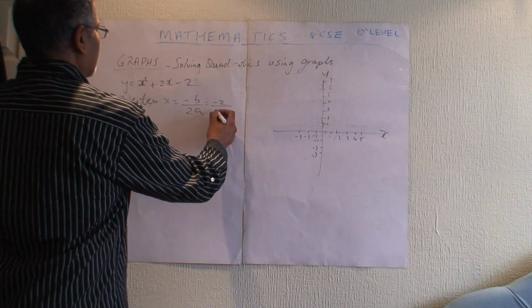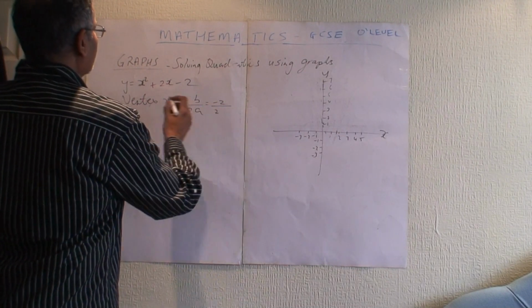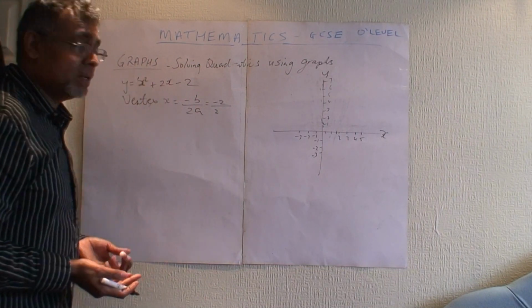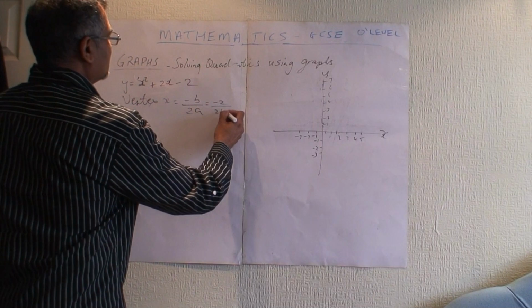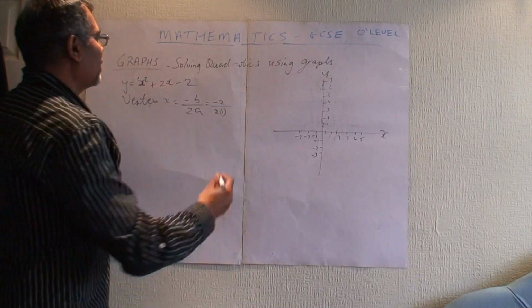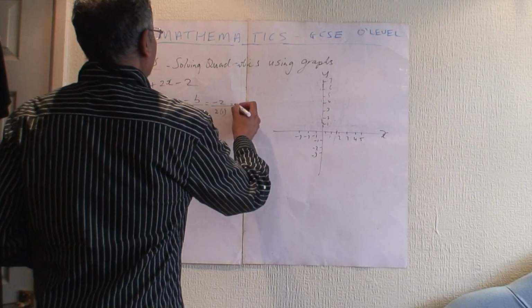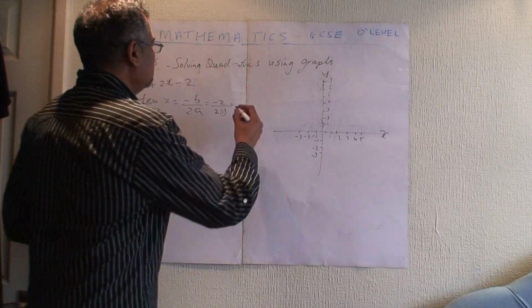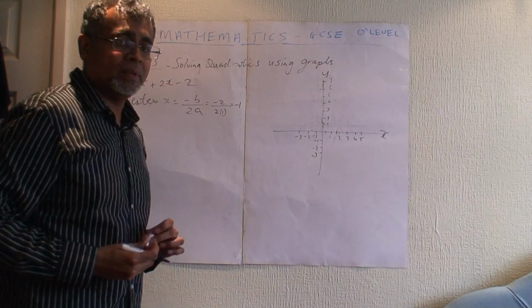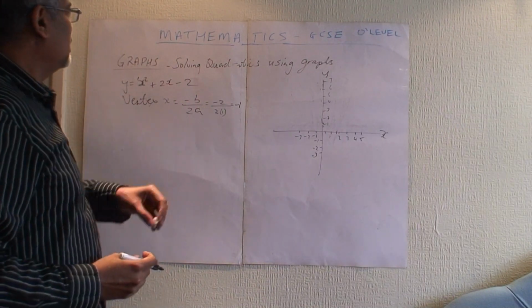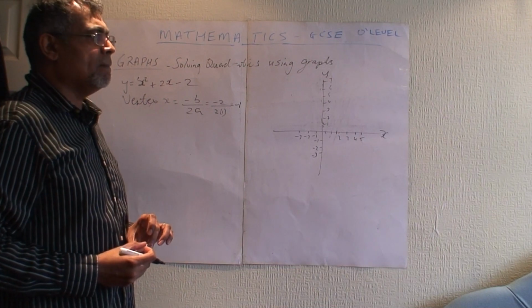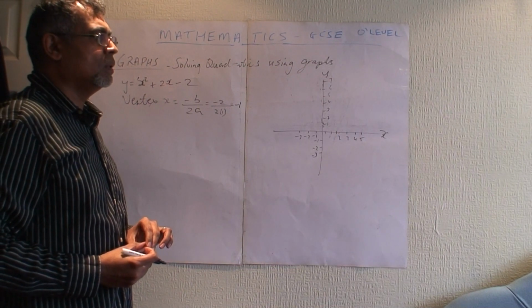And divided by the 2, and this x squared, it's known to have a 1, so 1 value. So that's like 2 multiplied by 1. Okay, so that's minus 2 divided by 2 gives you minus 1. So we know the vertex is x is equal to minus 1.